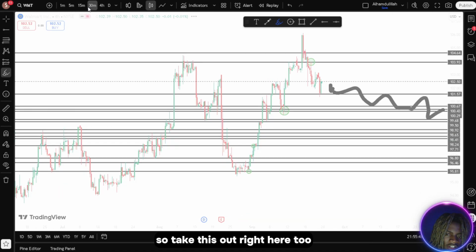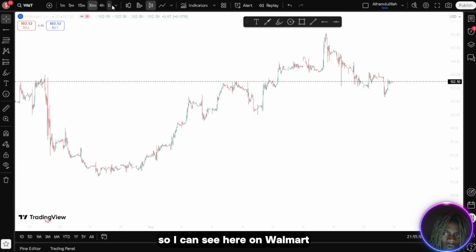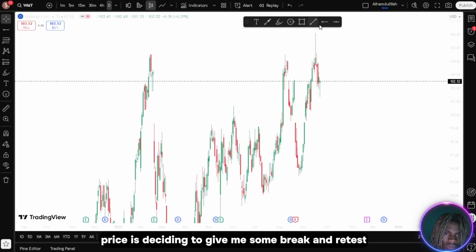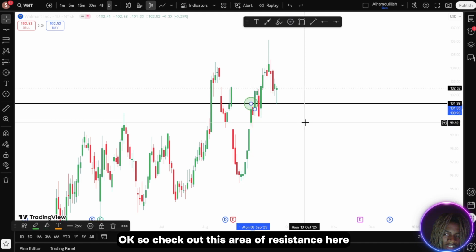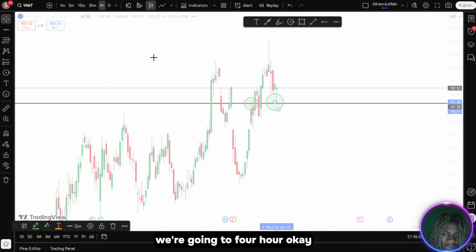So check this out right here too. So I can see here on Walmart, price is deciding to give me some break and retest. Okay, so check out this area of resistance here, being reacted with this area of support here. I'm gonna go to my 4-hour.